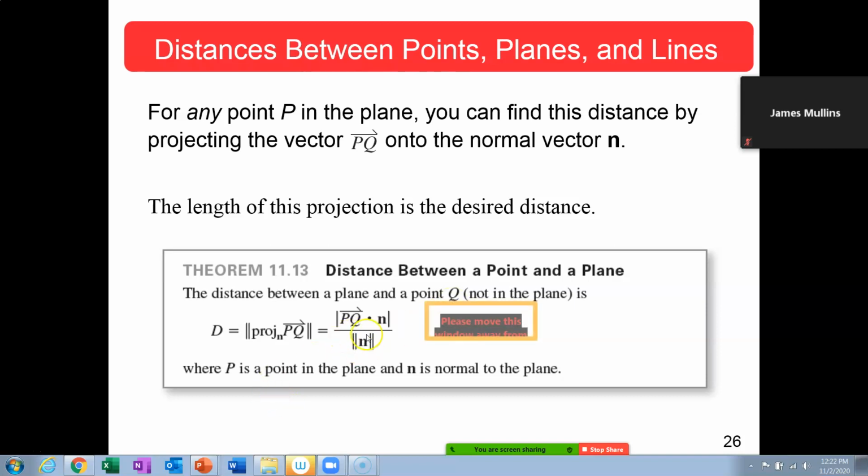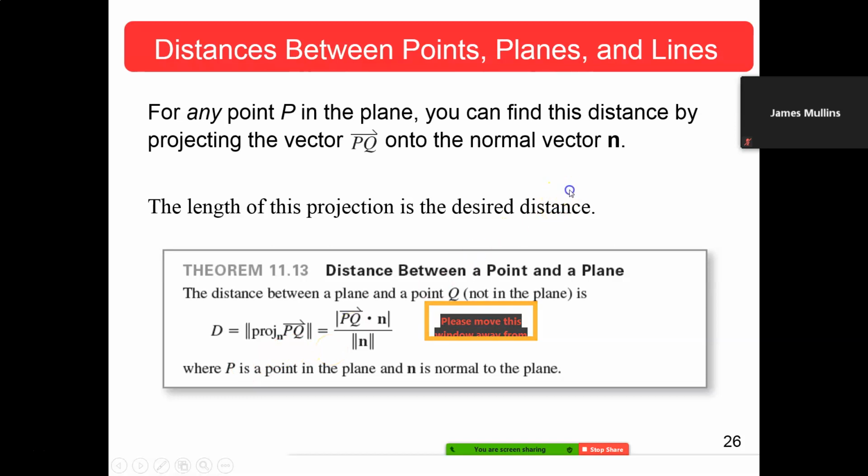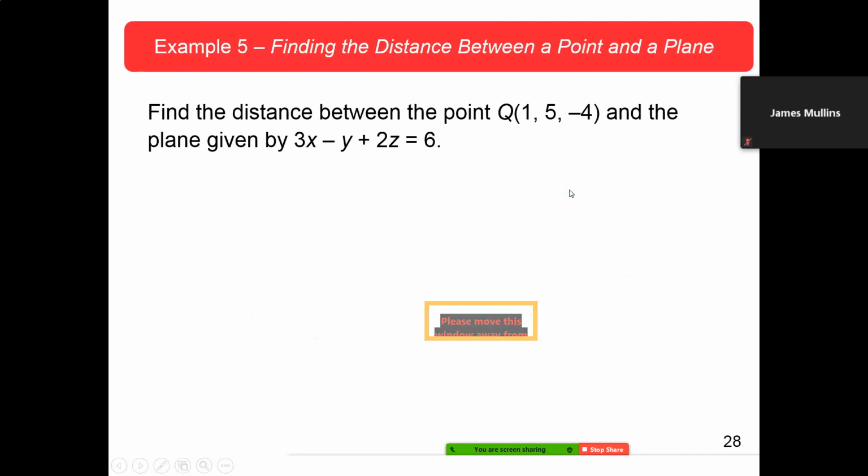And you do the dot product of PQ, P being on the plane, Q not on the plane, with its normal vector, and then divide by the magnitude of the normal vector. Okay. And I can't get it to advance. Okay.